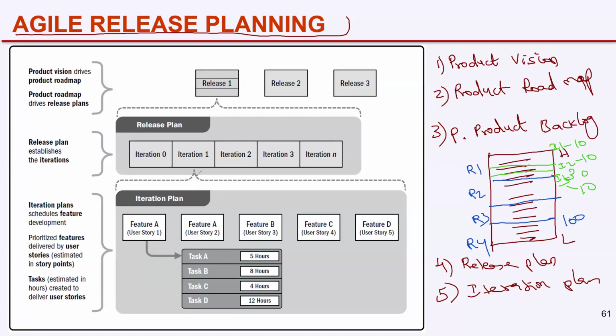Iteration, however you pronounce it, is where you will do detailed planning. In my example, I said we will deliver 10 features in iteration 1. In this example, we are delivering 4 features in iteration 1.